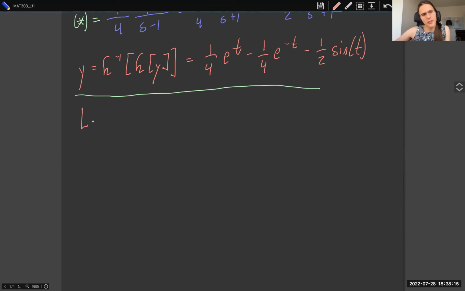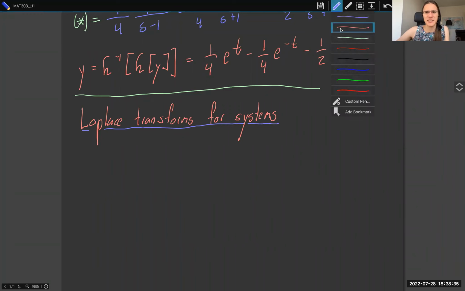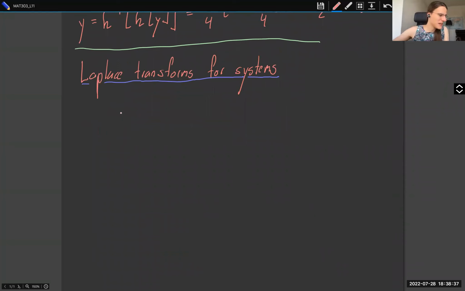So what about Laplace transforms for systems? They actually make systems easy. Well, when I say easy, we're about to see that there's a 2x2 system that's not going to be easy.